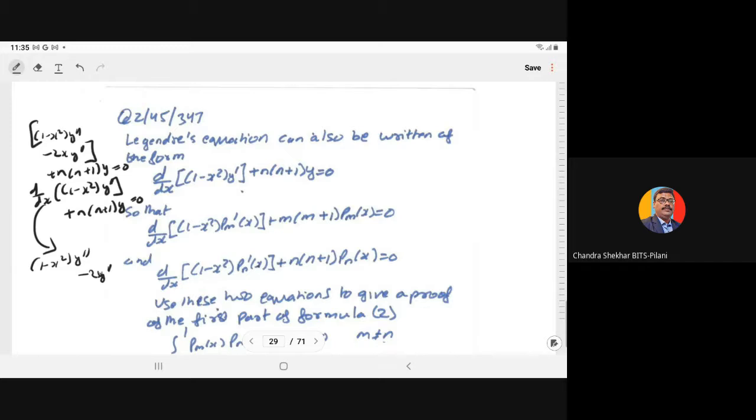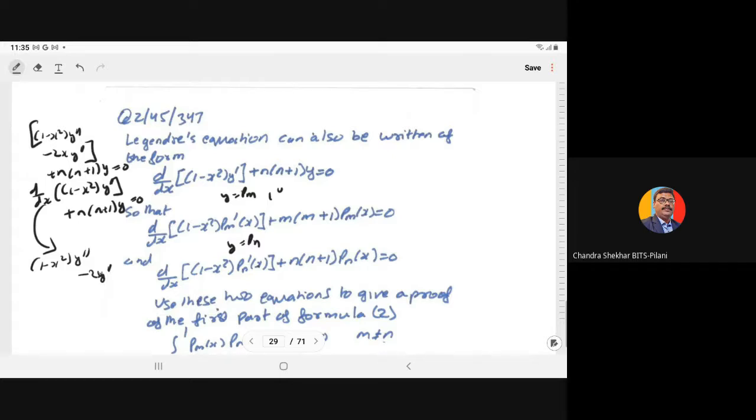Now when we say that Pm and Pn are solutions of the Legendre equation, here we take y equal to Pm, meaning n equal to m, and in the second we take y equal to Pn, meaning n equal to n. The Legendre polynomial is a solution.